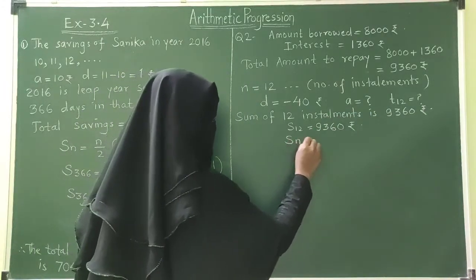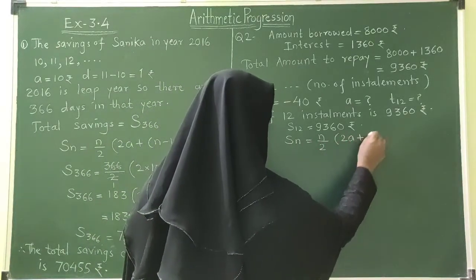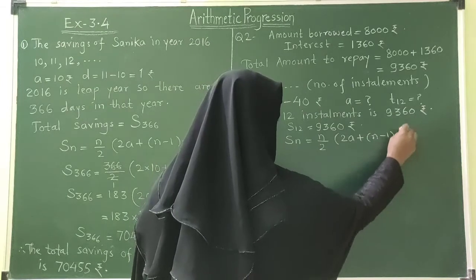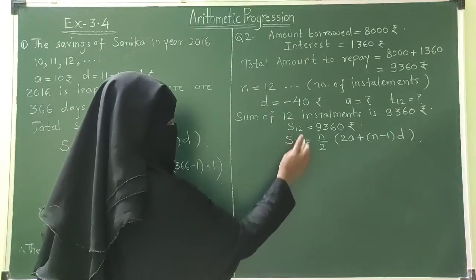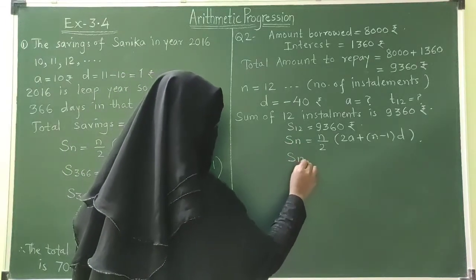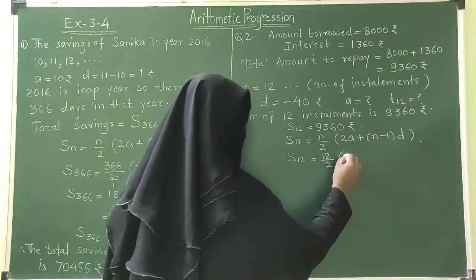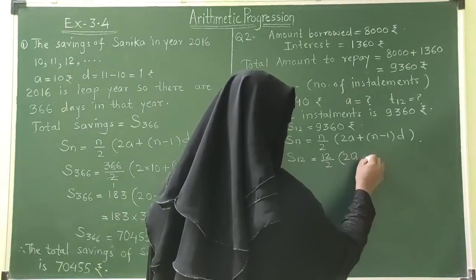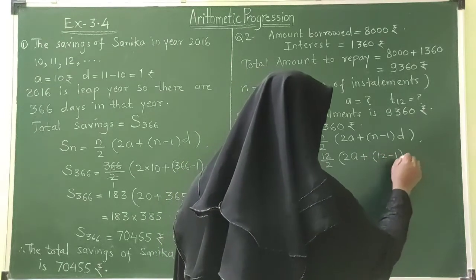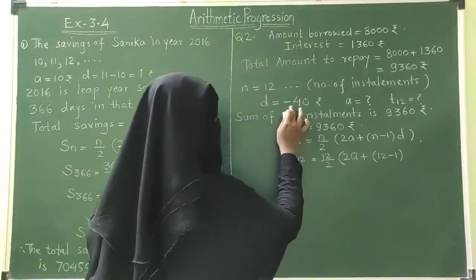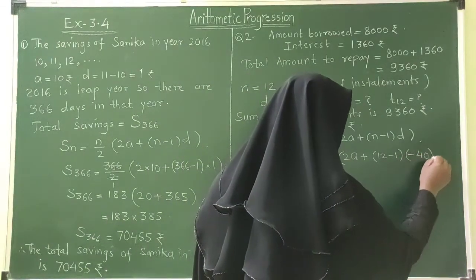SN is equal to n upon 2 into bracket 2a plus n minus 1 d. Put the value of n 12. We get S12 is equal to 12 upon 2 into bracket 2a plus n minus 1, that is 12 minus 1, and value of d is given here minus 40.